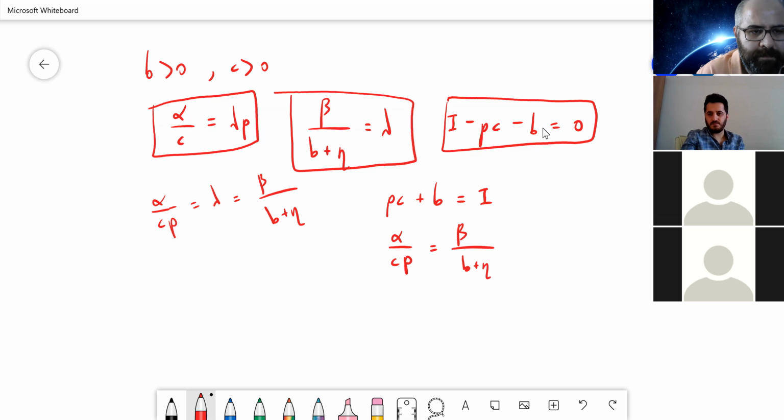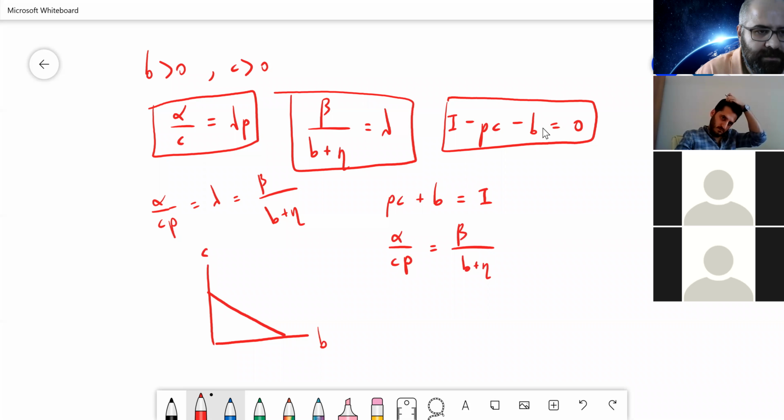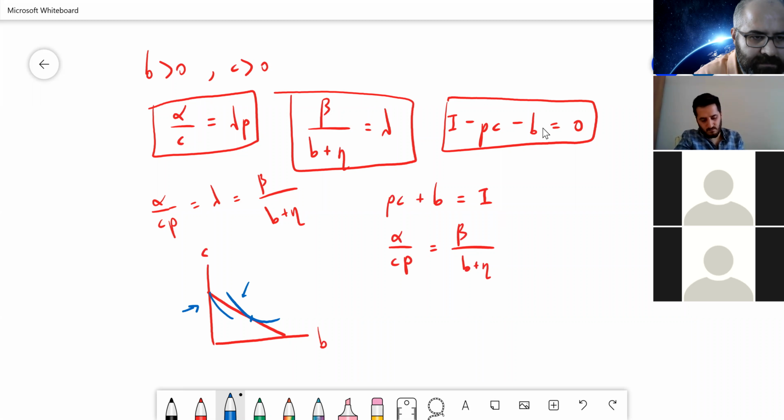Okay? So this is a typical problem. At some values, so if this is B and this is C, sometimes your maximum will be, let's say, there, and sometimes it will be there. This is the earlier case. This is this case.